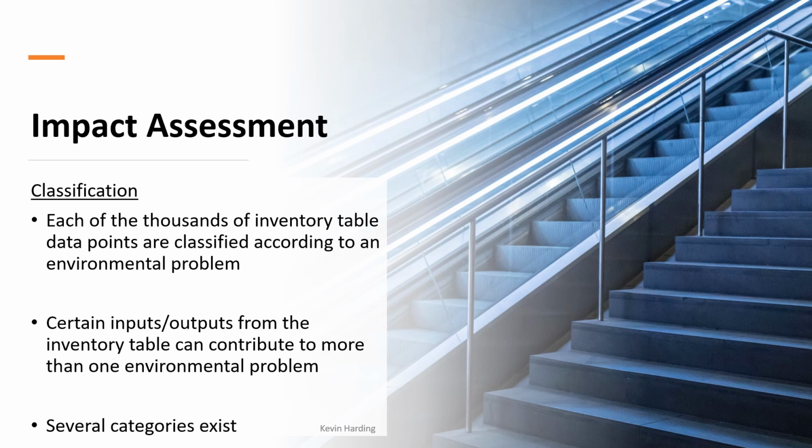What happens is that each of these thousands of inventory table data points are going to be classified according to a problem. So these problems could be something like acidification or acid rain, land use change, as I mentioned earlier, water use, greenhouse gas issues, eutrophication, they're various ones.